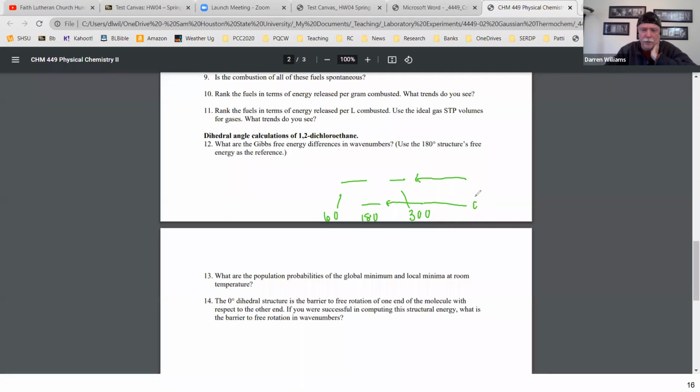You can set this one to 0 and call these 1 and 2. You can take G2 minus G1 and get that difference, right? And so there's your 2-level system. Then it's no different than what we've been doing in Excel with a 2-level system.